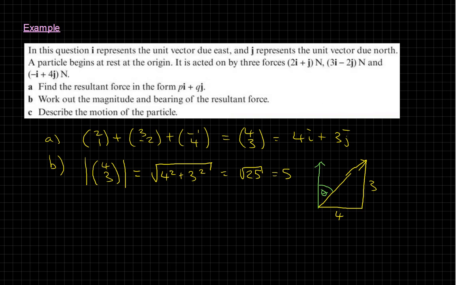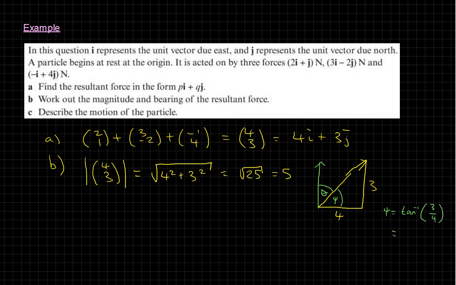So if we label this one here something else, let's say phi. Then phi is going to be equal to tan inverse of opposite over adjacent, in this case 3 over 4.